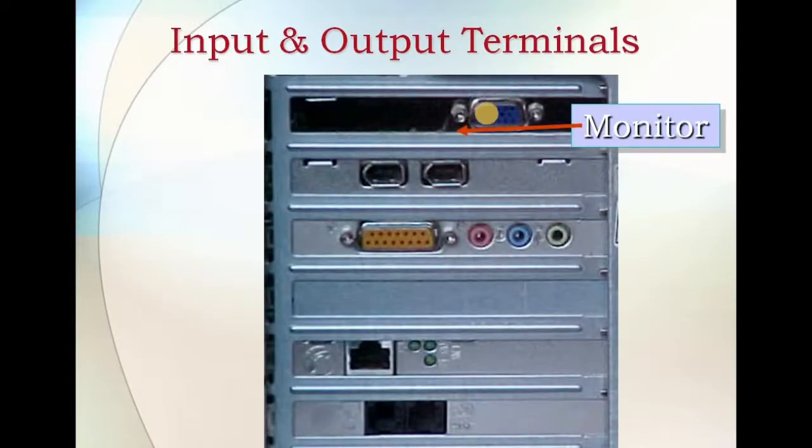To connect the monitor or the LCD screen, we use this particular blue color slot, and from the main power supply, it will come to the monitor. Or we can also use the UPS, and from the UPS also we can connect to this terminal.